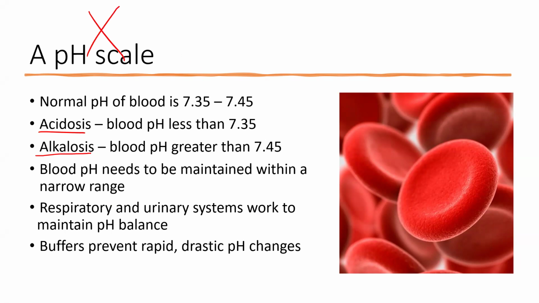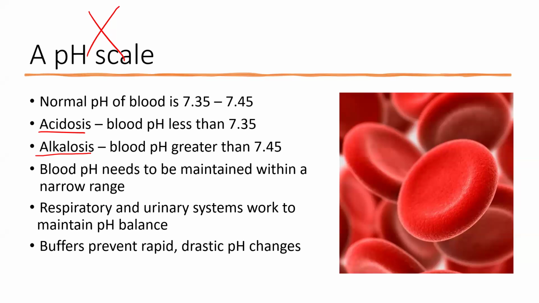Acidosis and alkalosis can both be fatal, right? But we don't usually die from drinking orange juice. When we drink orange juice, our blood pH might drop, but that's okay because our respiratory system and urinary system will help undo that change. It will bring it back up so that it's within the survivable range.